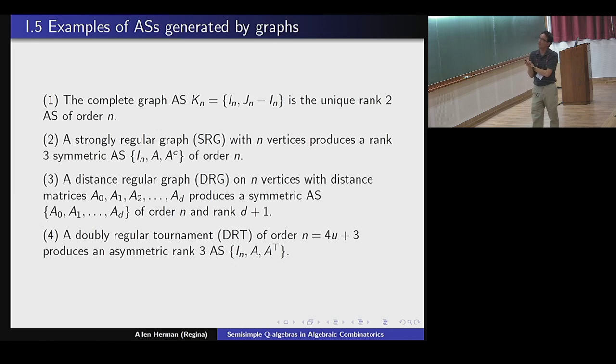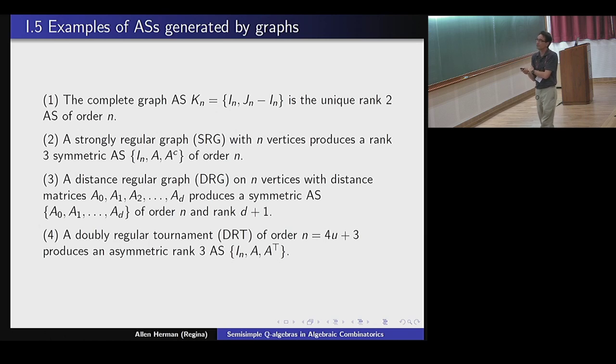That's a unique rank 2 association scheme. Strongly regular graphs: if A is the adjacency matrix of a strongly regular graph, it will have a graph complement, whose adjacency matrix here I have as A^c, and then the identity. And being strongly regular is exactly the condition that this generates a three-dimensional algebra.